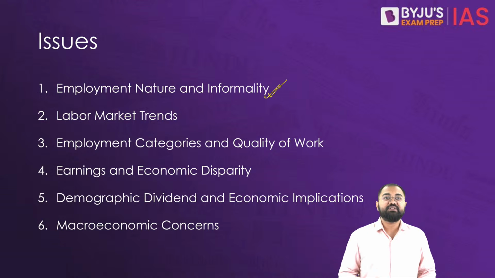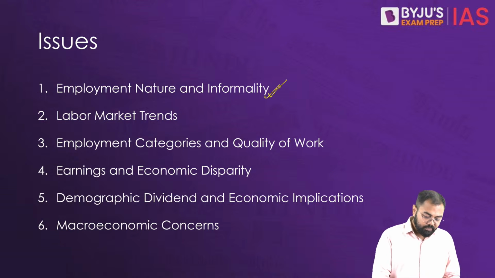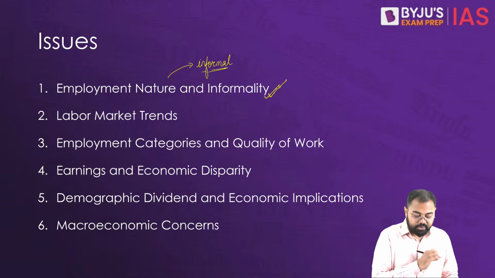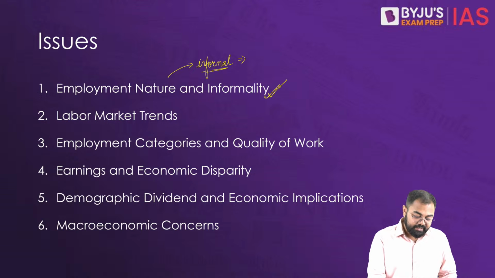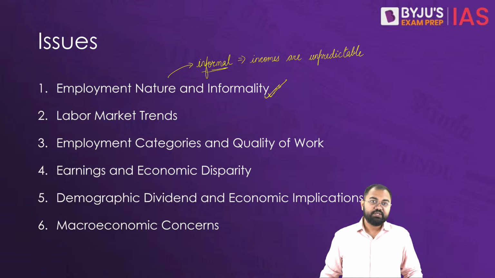So this needs to be highlighted, that a significant proportion is basically without any formal arrangement. A lot of people are in informal jobs, and this is where we see that the incomes are unpredictable. So we have to understand these kinds of issues.